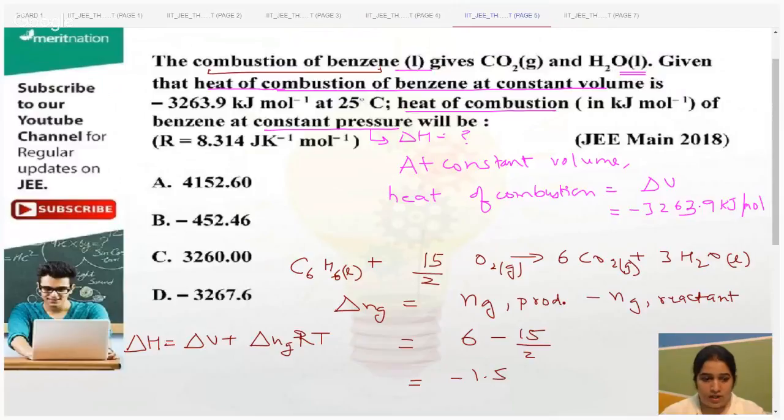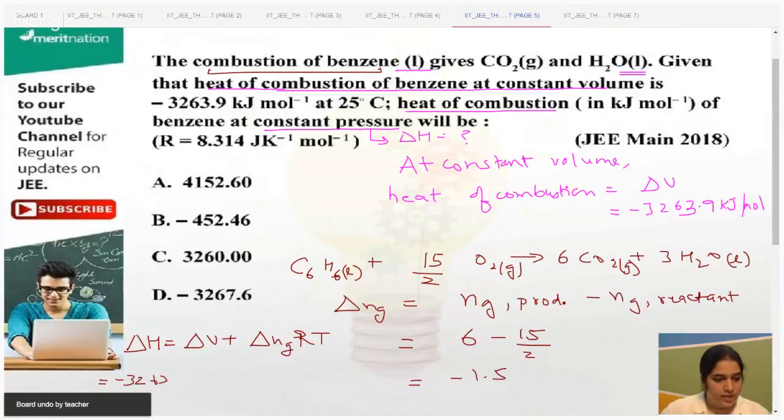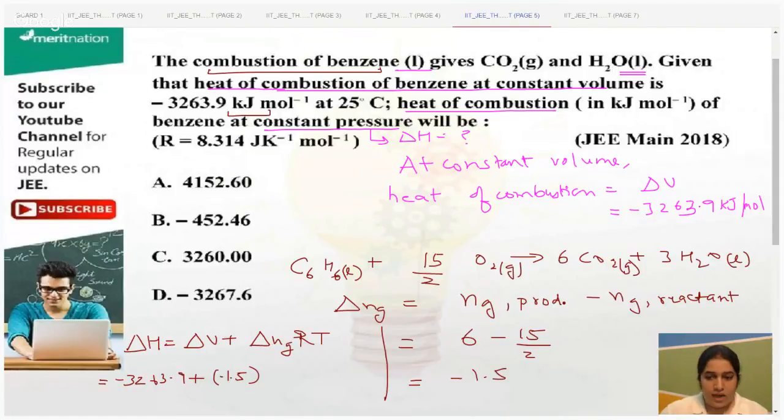This we need to find, so delta U is given to us as minus 3263.9. Now guys remember, this is kilojoule per mole. Added with minus 1.5, that is my delta Ng, into R.